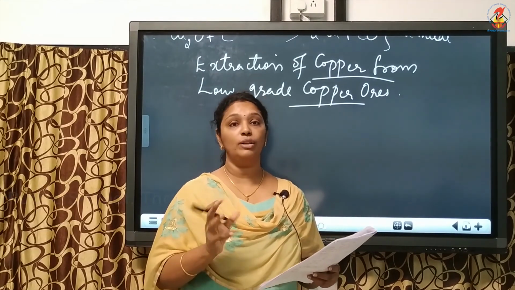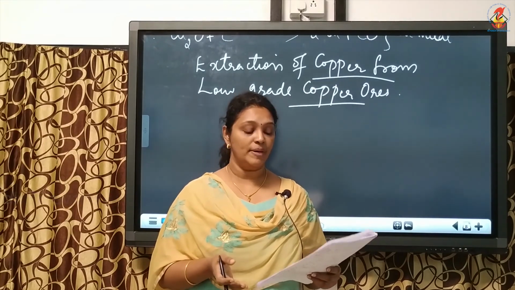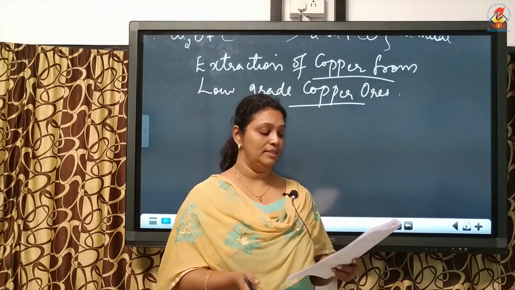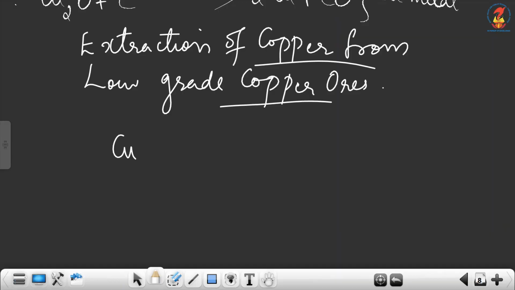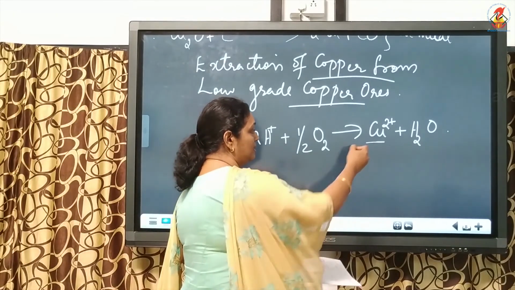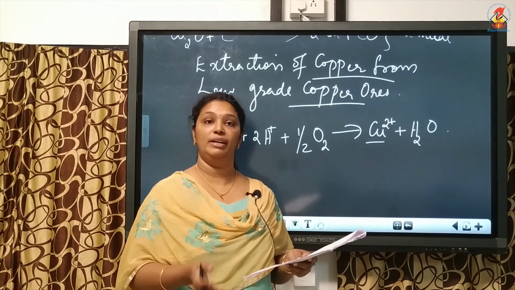Low grade copper ore is leached out using bacteria or acid in presence of air, when copper goes into solution as Cu2+. So the equation here is Cu plus 2H plus plus half O2 gives Cu2+ plus H2O. Now the solution containing Cu2+ is then treated with scrap iron or hydrogen, so reduction of Cu2+ takes place.